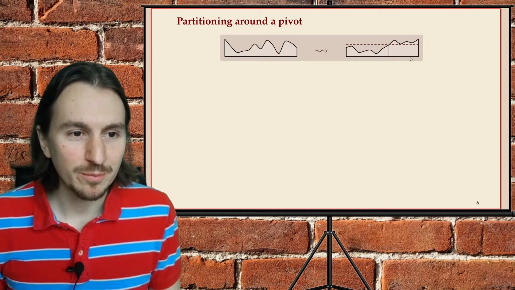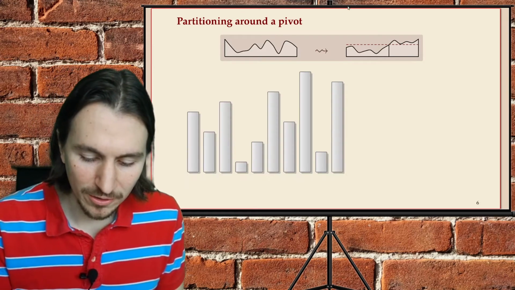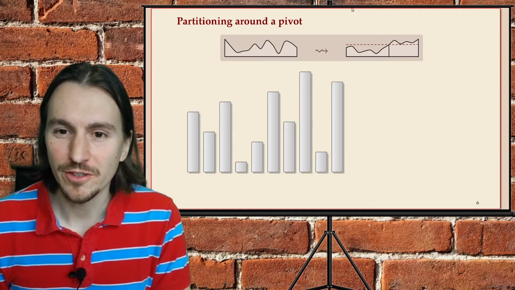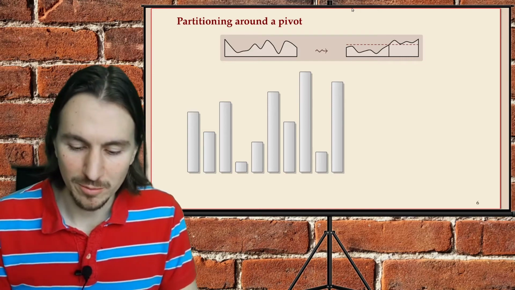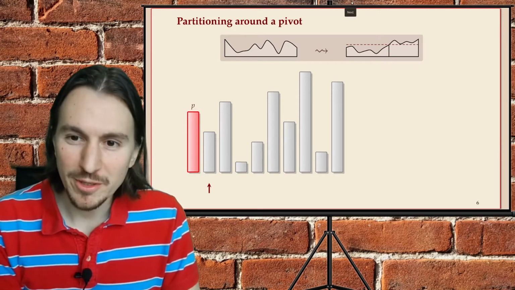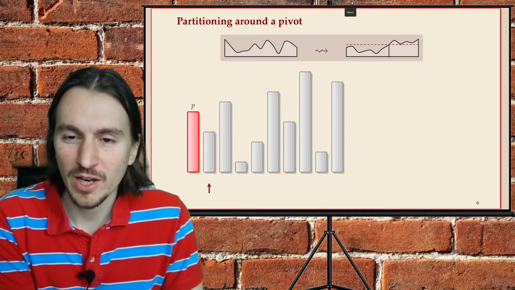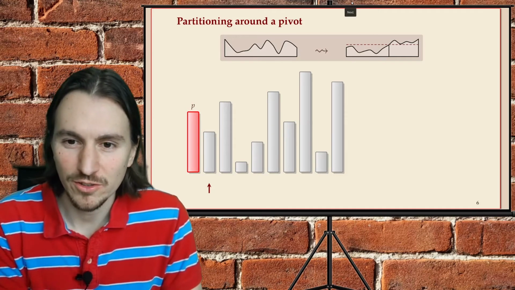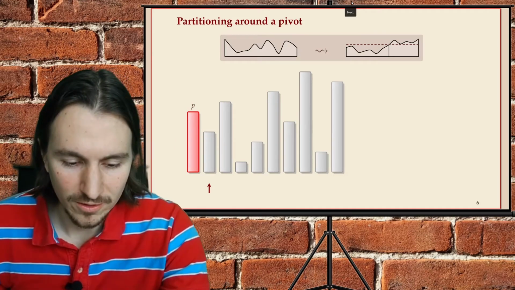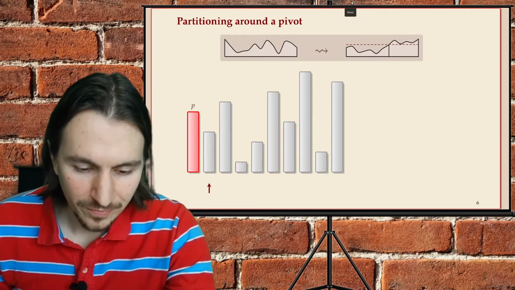That's the idea of partitioning. How can you do this? So here's your unsorted list, arbitrarily up and down. You nominate one element as the pivot element, and in this case, I just took the first one. No magic behind this.